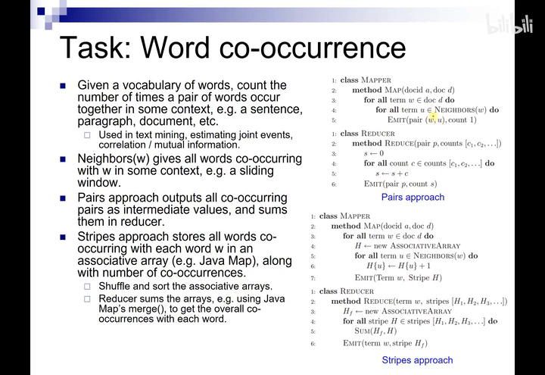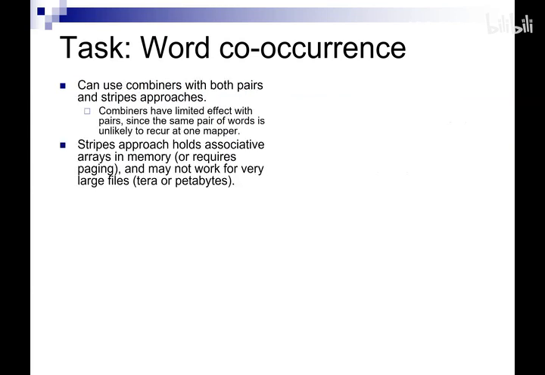If you just fix W, you're going to have many different U's co-occurring with W. But if you fix both W and U, then because the mapper is only processing a small subset of the entire data set, it might not observe too many co-occurrences of W and U. And if you don't have too many co-occurrences of W and U at that mapper, then the combiner for that mapper might not be very effective.